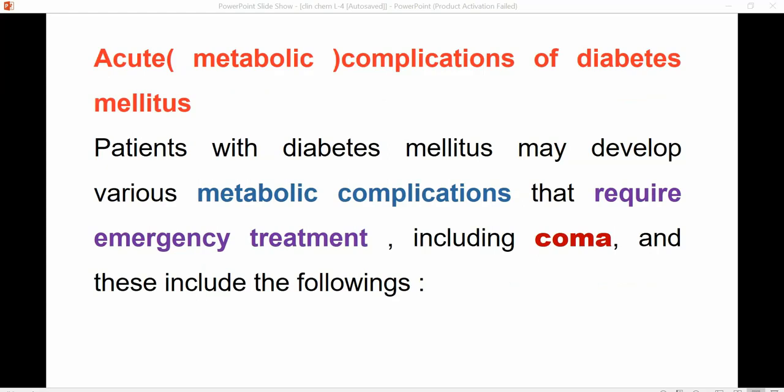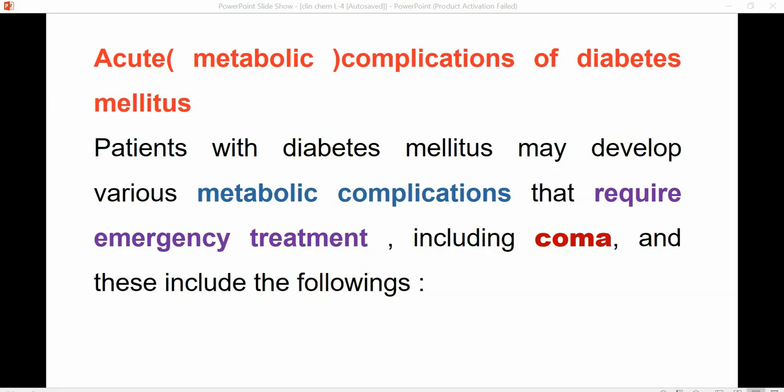All the previously discussed were the chronic complications of diabetes mellitus. However, diabetic patients would also be exposed to severe acute complications of diabetes, which mostly have a metabolic basis.